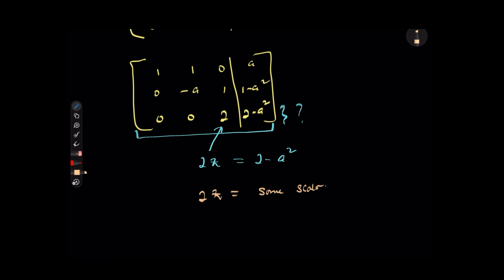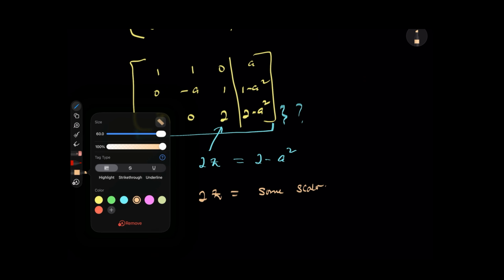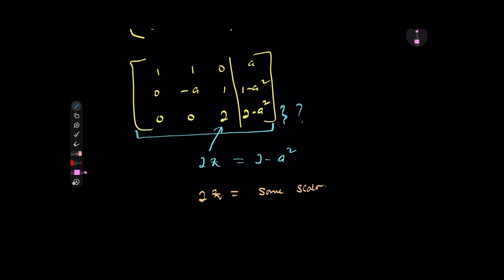So when a itself, we're not speaking so much about a squared, when a itself is not equal to 0, then what I would get is something like this. 2z is equal to, let's try the number 1. 1 squared is 1. 2 minus 1 is 1.